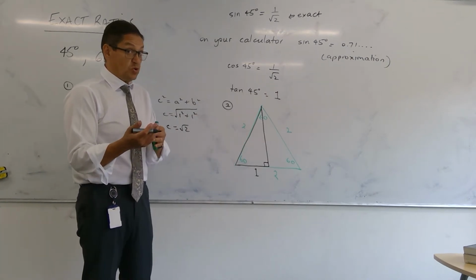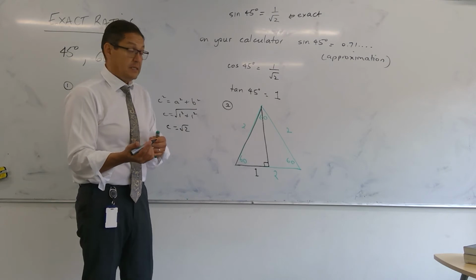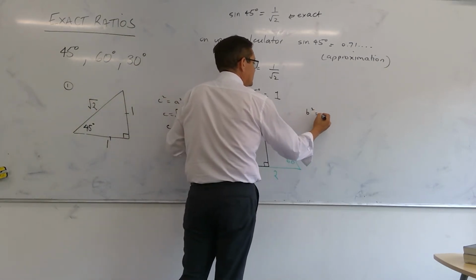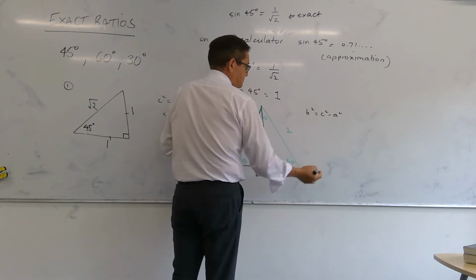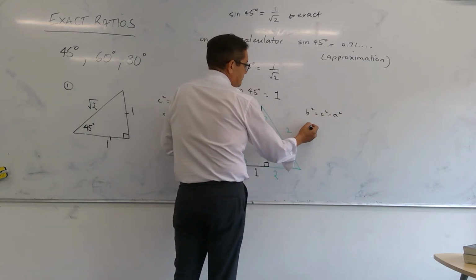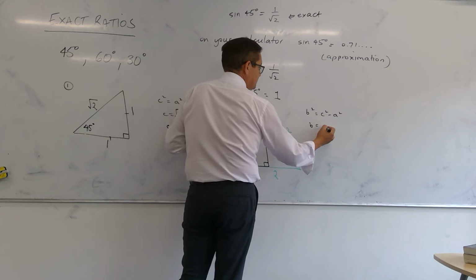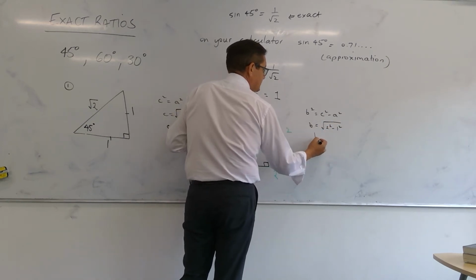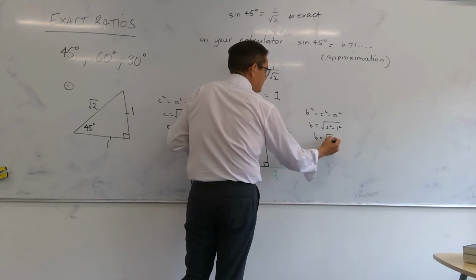But it's a shorter side, so it's going to be a minus. So I'm going to say b squared is equal to c squared minus a squared. B is going to be equal to 2 squared minus 1 squared, square root of 3.